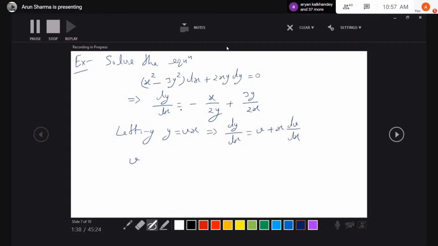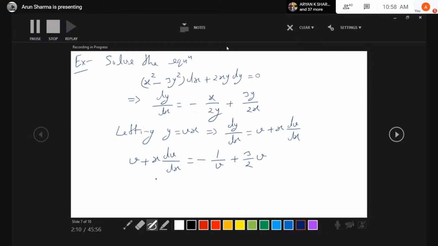So this can be replaced with v plus x dv by dx, and since y equals to vx, this x upon y, that means 1 upon 2v, so minus 1 upon 2v plus 3 by 2v.